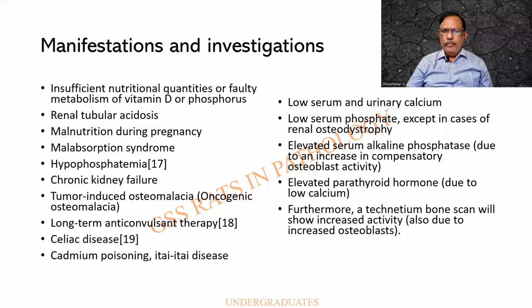Elevated parathormone. And finally, if you do a technetium bone scan, that will show increased activity, and also this can be due to increased osteoblast activity. The bone is becoming weaker, the body is reacting to it. So manifestations and investigations, kindly memorize.